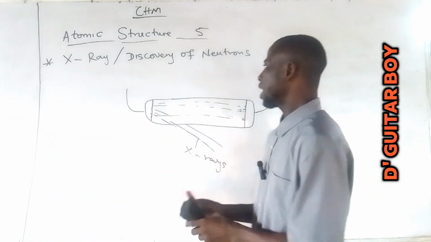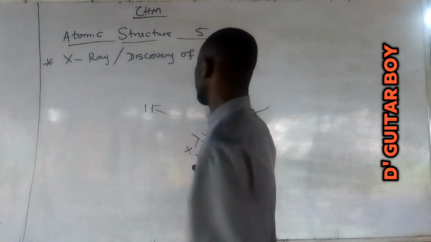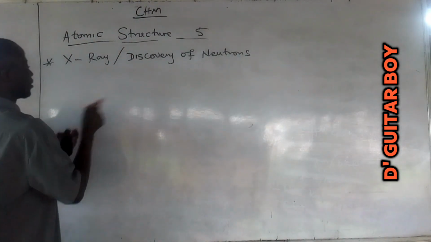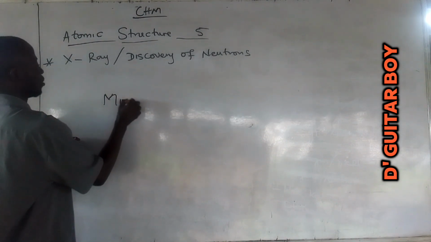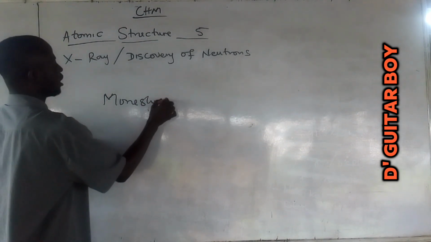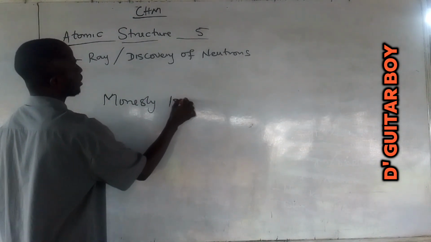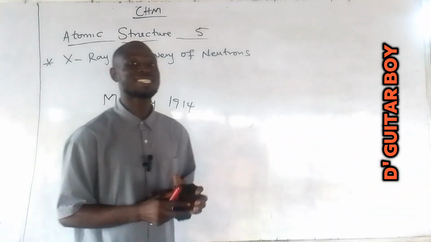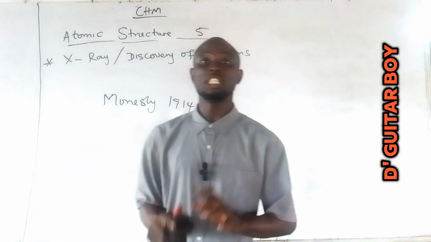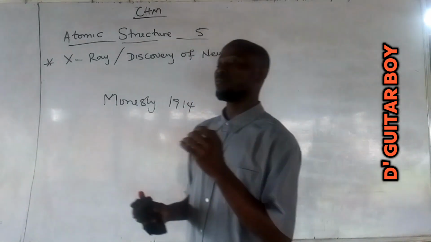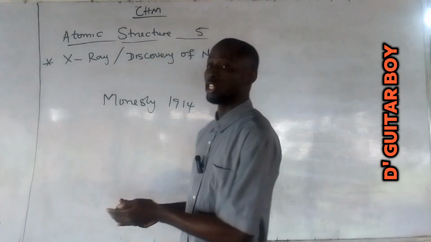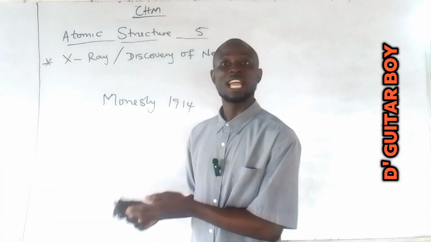Now, from there, another scientist, Mosley, in the year 1914, was able to assign a number to different elements based on the frequency of the radiation they emit, that is the X-ray radiation.